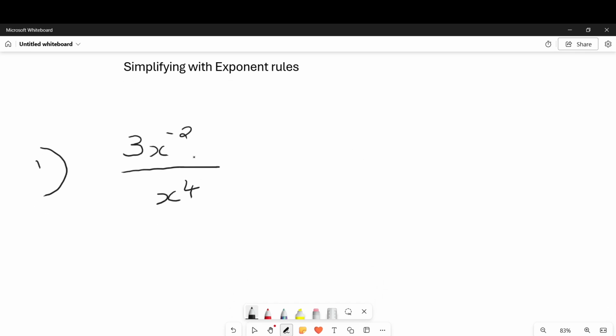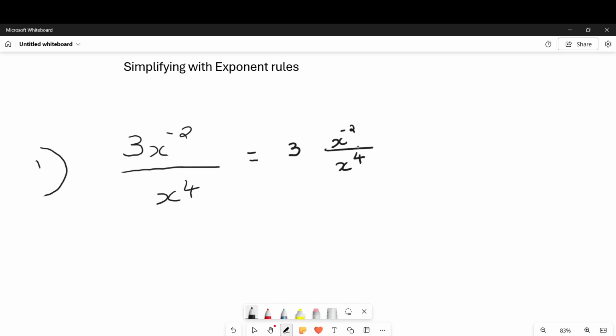Here what you're going to see is 3x squared, x raised to minus 2 by x raised to 4. Keep in mind, first we need to eliminate this negative power here. So let's keep the 3 out of the fraction and keep x raised to minus 2 by x raised to 4. We can do it in two different ways.